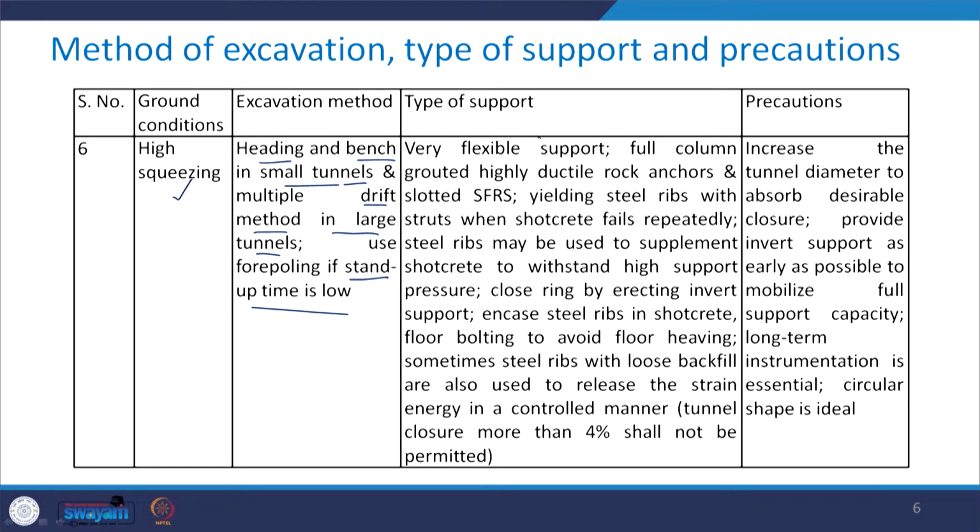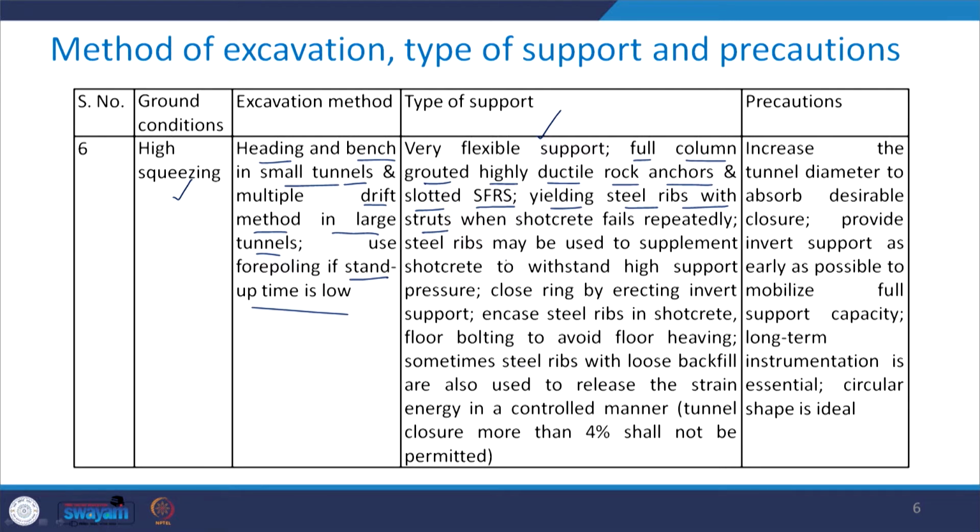Very flexible support is needed, and this includes full column grouted highly ductile rock anchors and slotted SFRS. Then yielding steel ribs with struts can also be adopted when the shotcrete fails repeatedly.